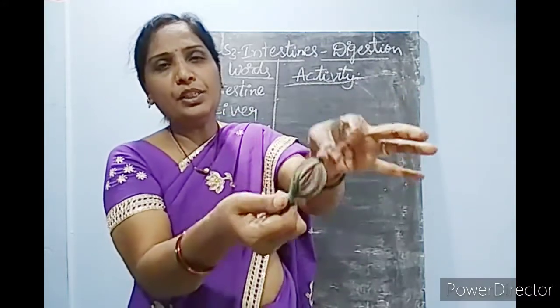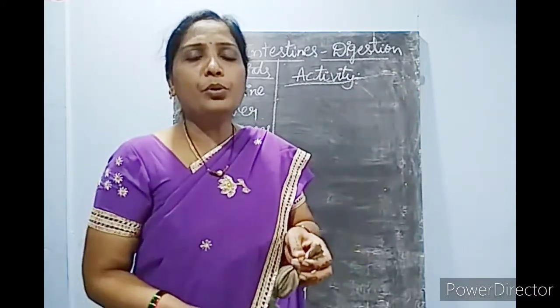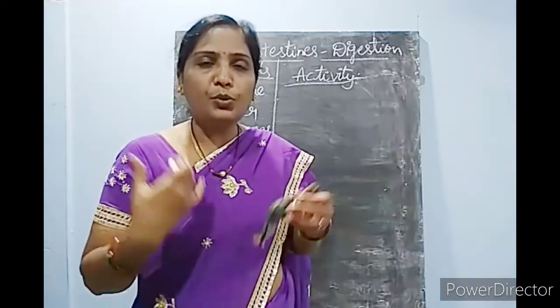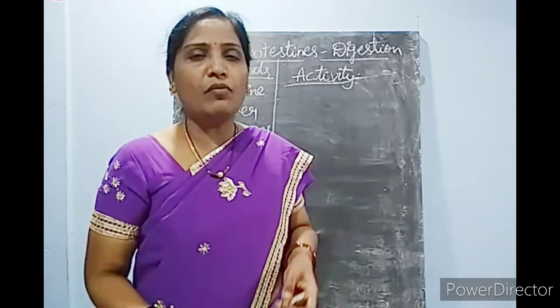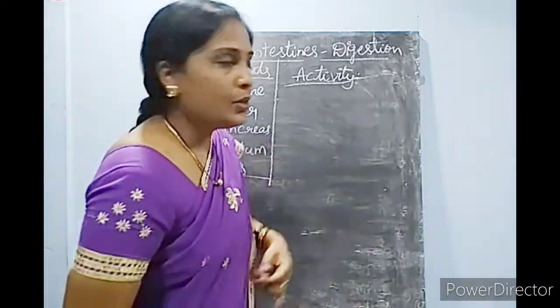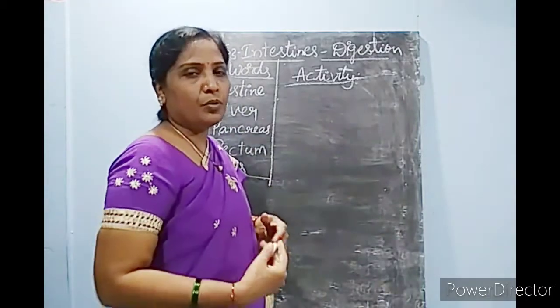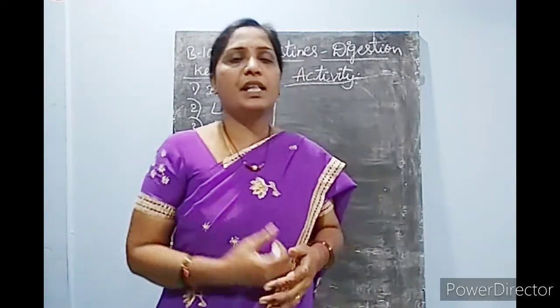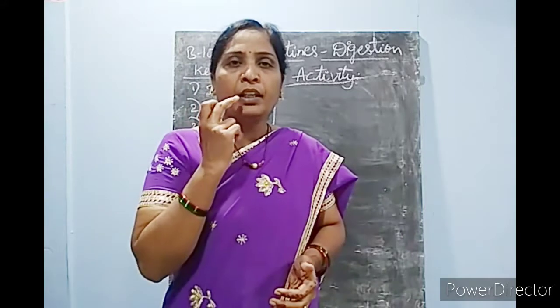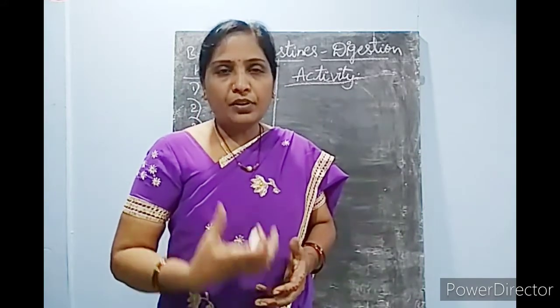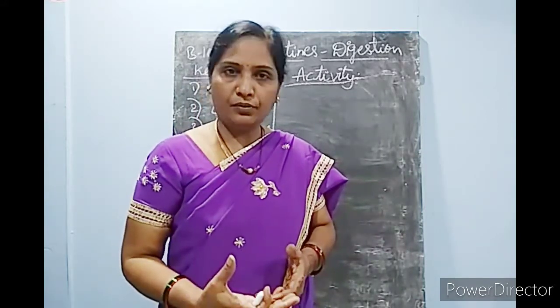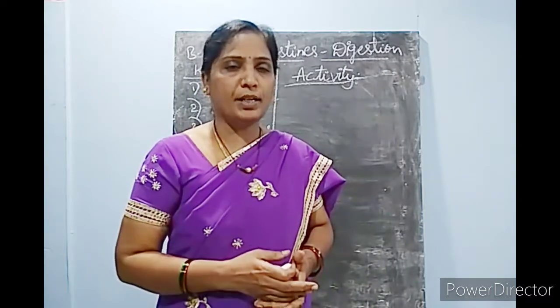So you have to do this experiment. When you do it, you can understand and feel it by being involved in the activity. Before this, you learned the role of each organ in the digestive system. The mouth helps in chewing the food and swallowing.